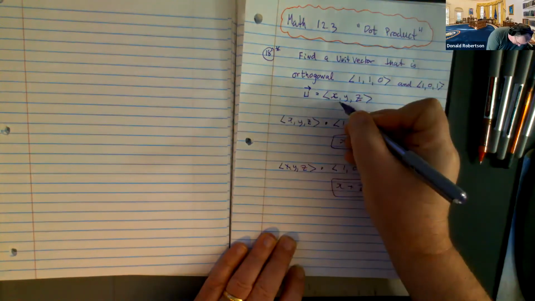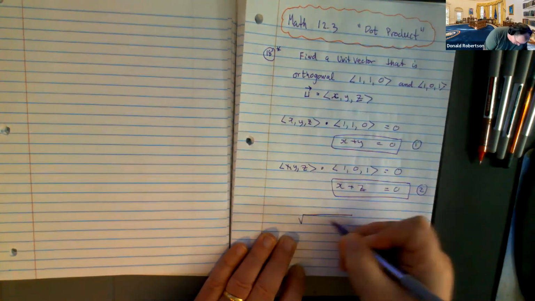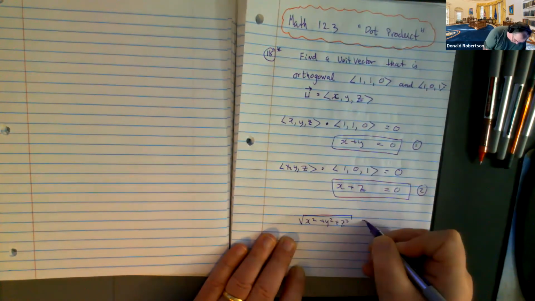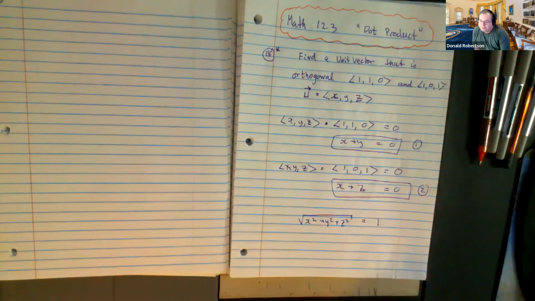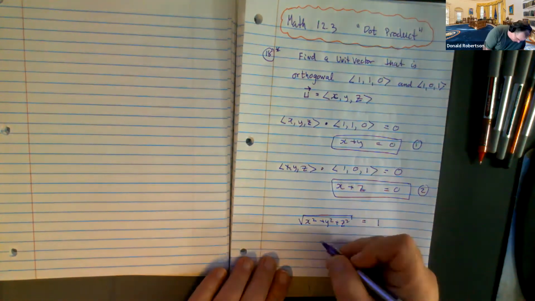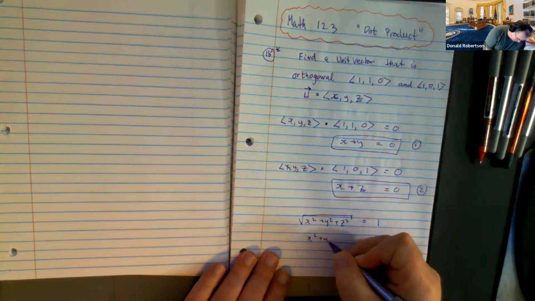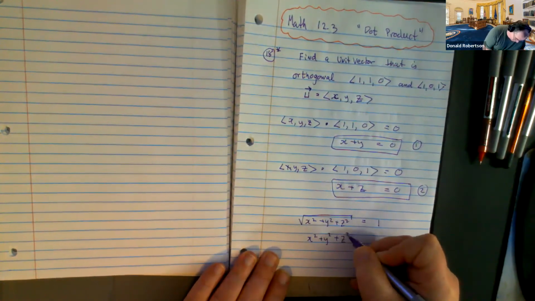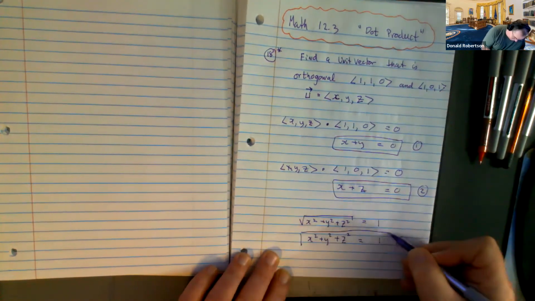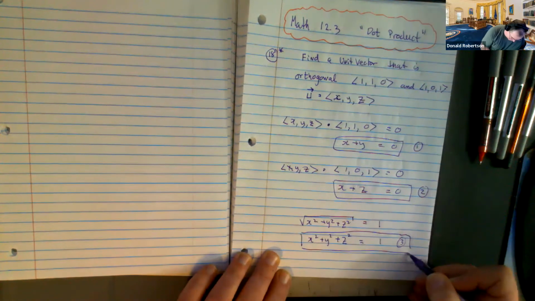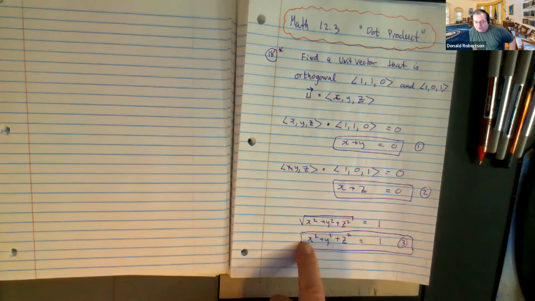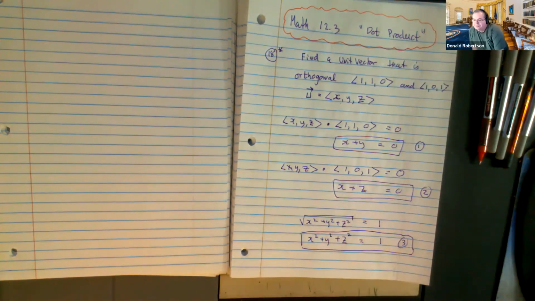Now, if you want to find the length of this vector, the square root of X squared plus Y squared plus Z squared has to equal 1. Agreed? That could be my third equation, but I'm going to employ the rule that just because you can doesn't mean you should, and I'm going to use this one instead. Would you agree that if you square both sides, this becomes that?